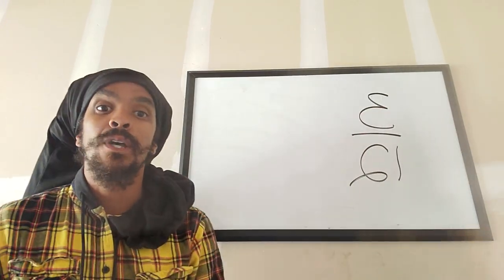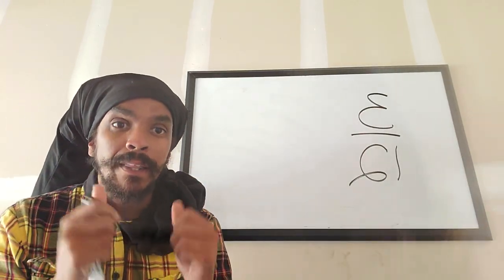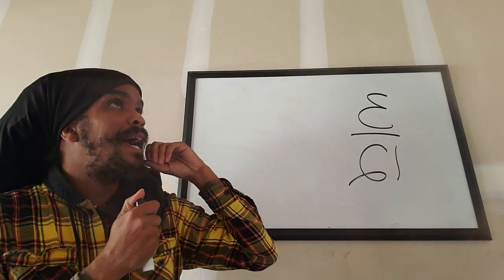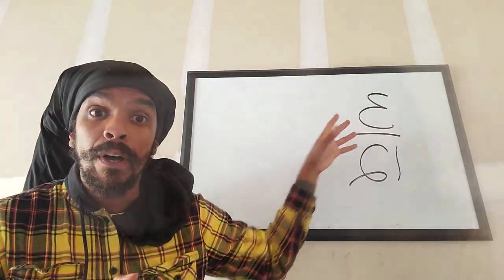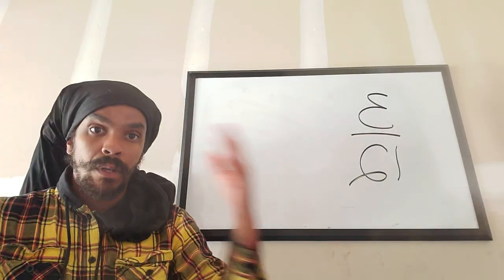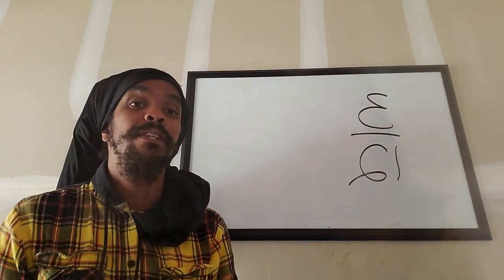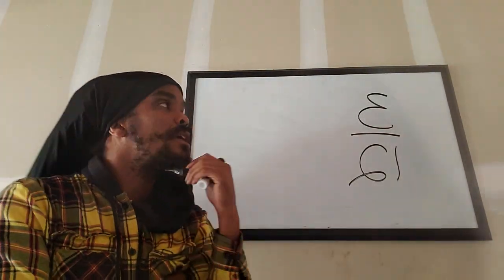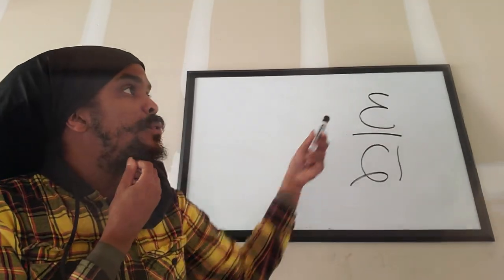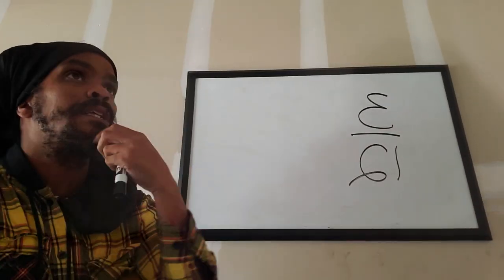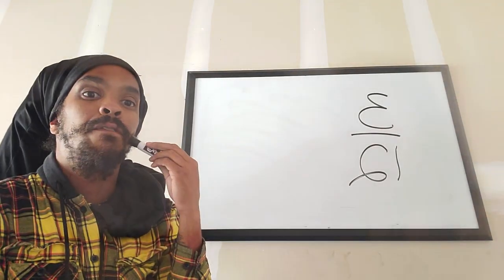What you want to ask yourself, is there a number that I could divide into both of these numbers, and that will divide evenly into both of these numbers? Let's think about it. You could look at 3 and 12. You could think about what are the factors of 3 and 12?